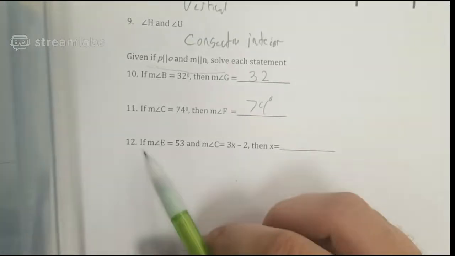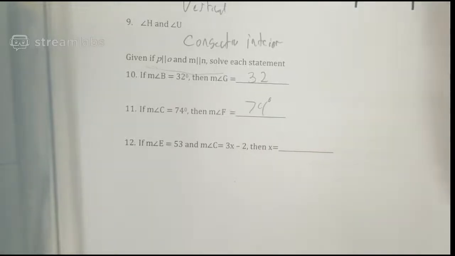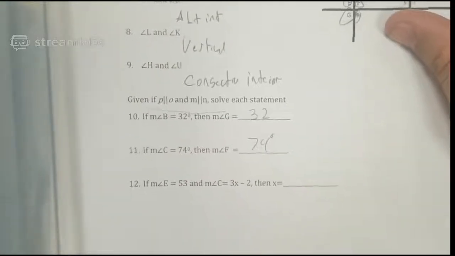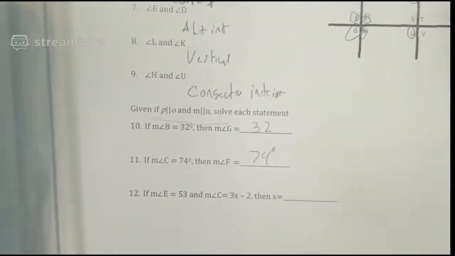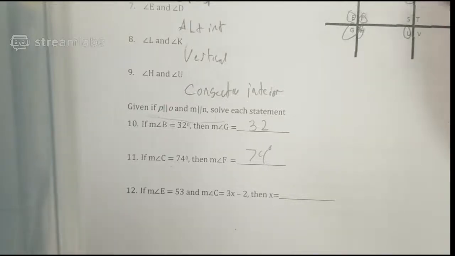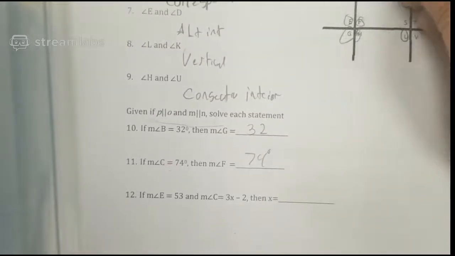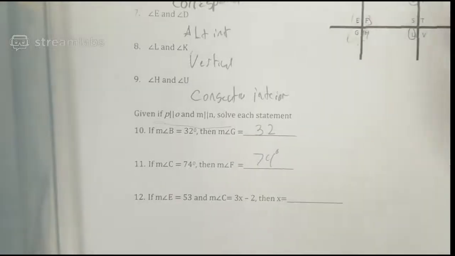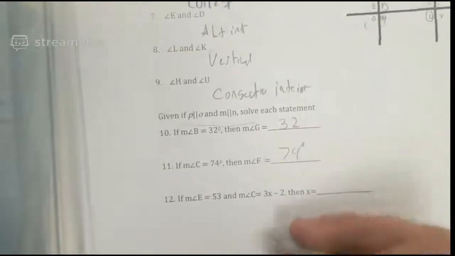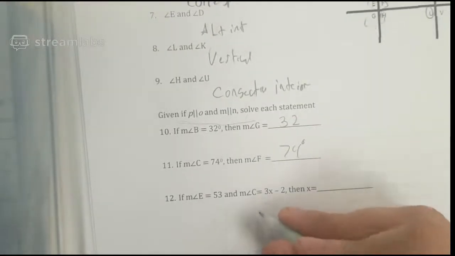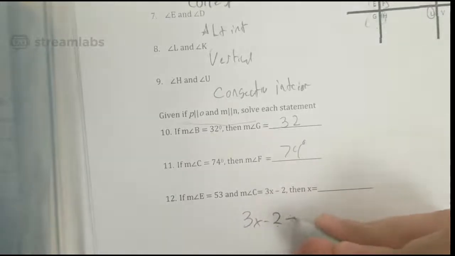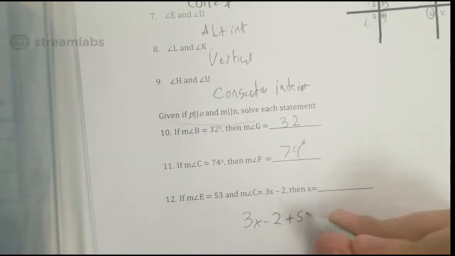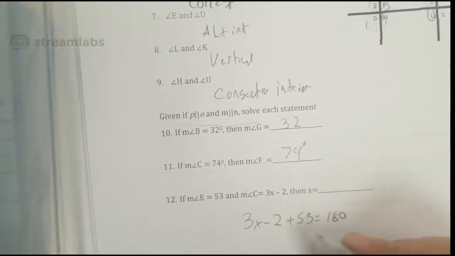Then the last one, number 12. If E is 53, and C is 3x minus 2, E and C are consecutive interior. Consecutive interior angles when parallel add up to 180. So 3x minus 2 plus 53 equals 180.